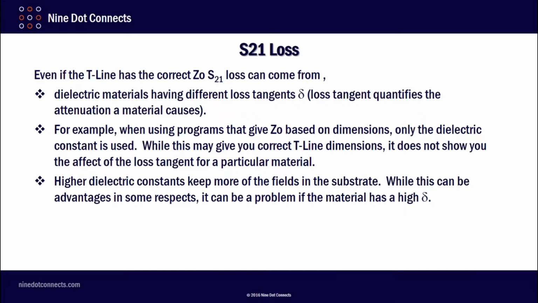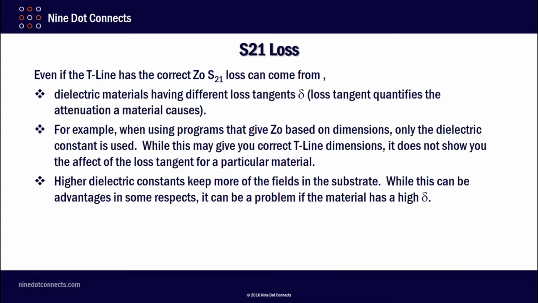Now, for example, when using programs that give a characteristic impedance based upon dimensions, only dielectric constant is used. While this may give you a correct T-line dimension, it does not show you the effect of the loss tangent for a particular material. Higher dielectric constants keep more of the fields in the substrate.